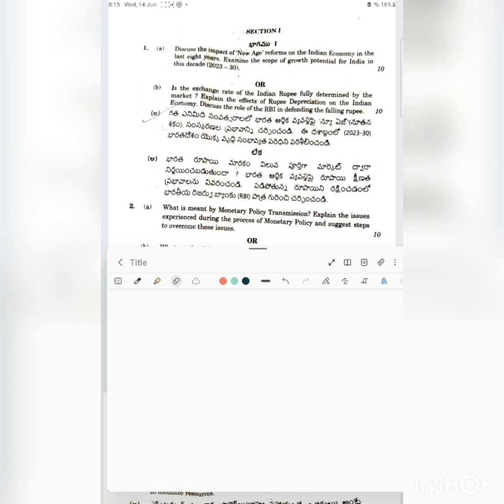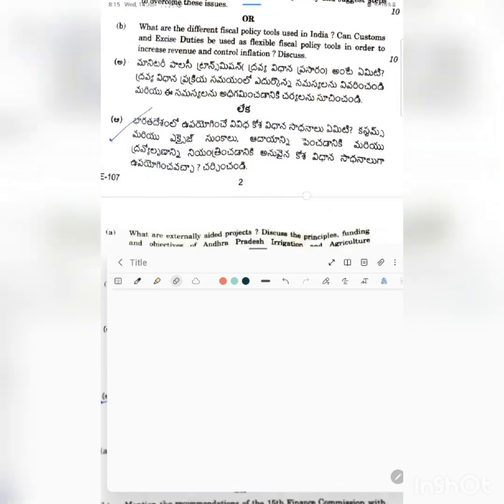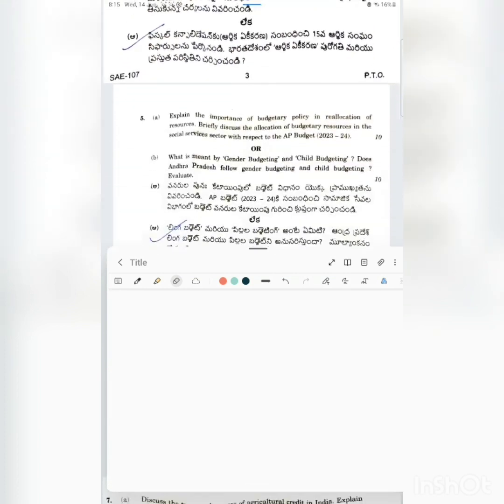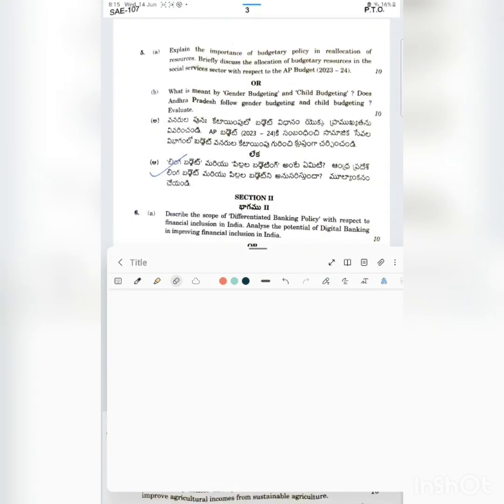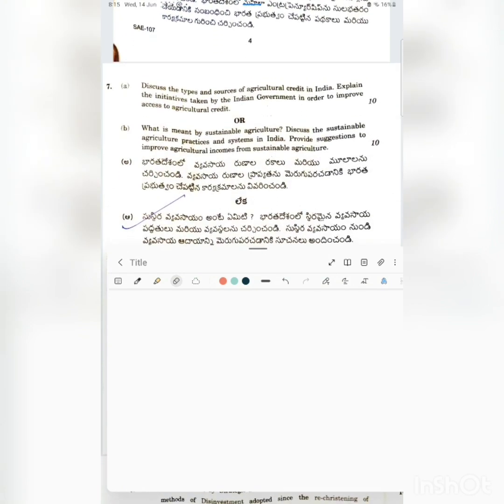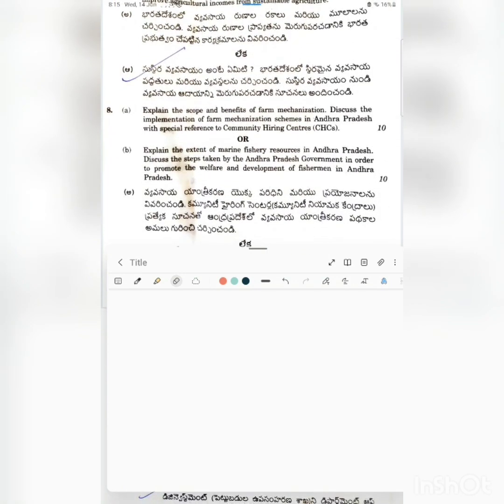But overall, in section 1, the first 5 questions are pretty easy, as far as these conceptual things are concerned. As far as section 2, again this 6A is easy, and this is also easy.